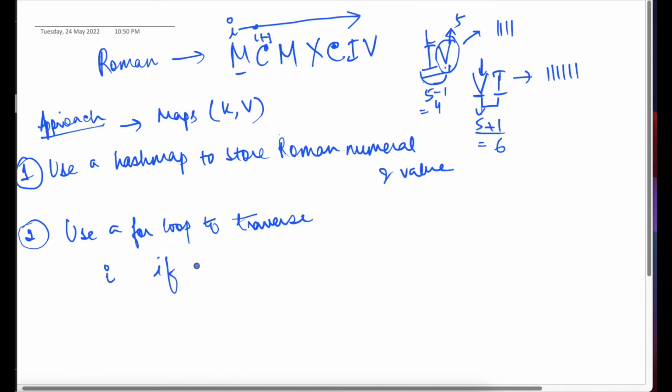If the current character of the string that we are traversing, I'll just rephrase this. How do we have to do this? We have to take the integer value of the current character.